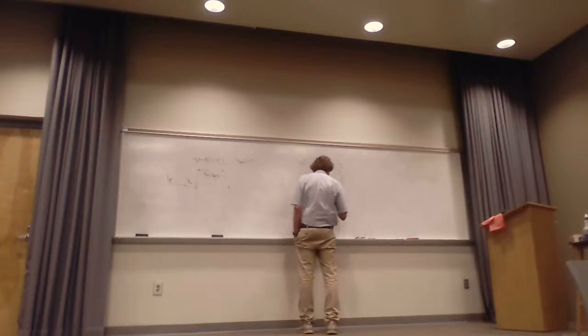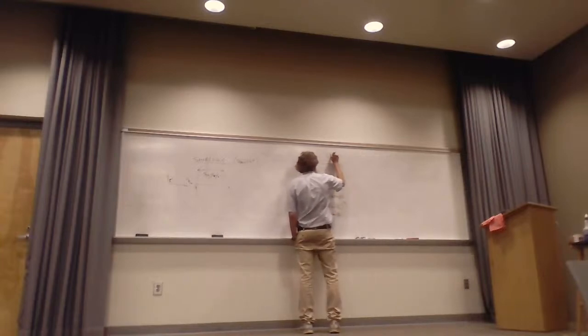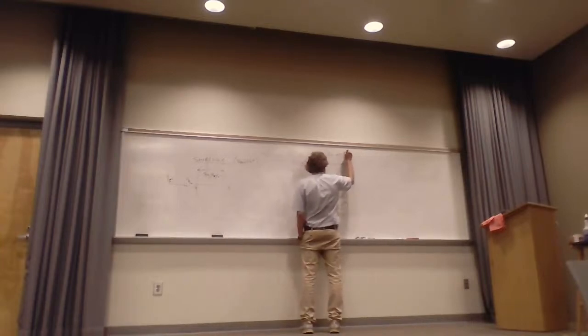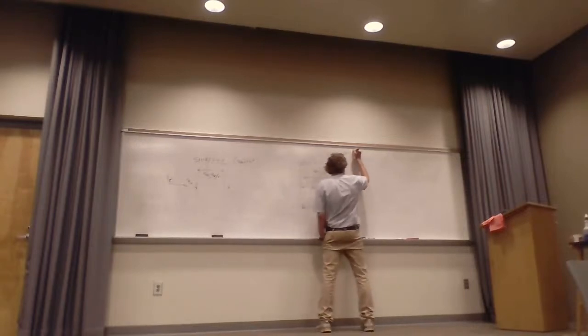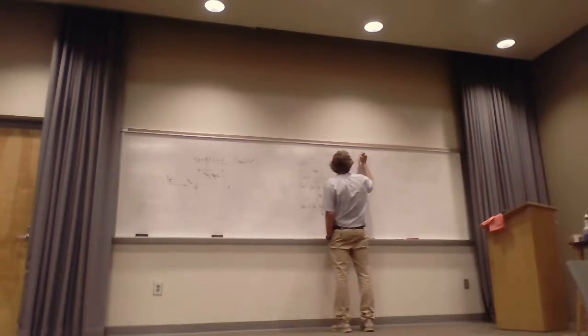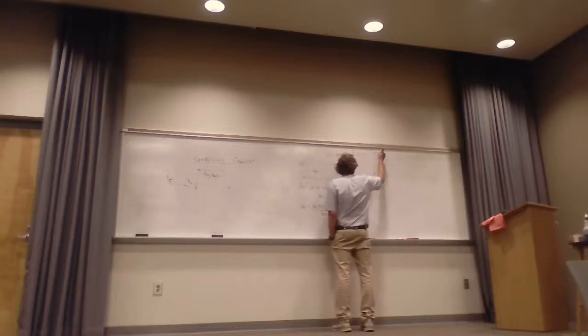It wouldn't even be beta L, it would actually be gamma L. And gamma would be equal to alpha plus j beta. And for a transmission line, if you remember anything about that, gamma was the square root of (R prime plus j omega L prime) times (G prime plus j omega C prime).